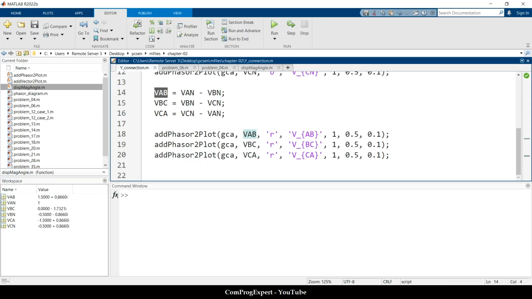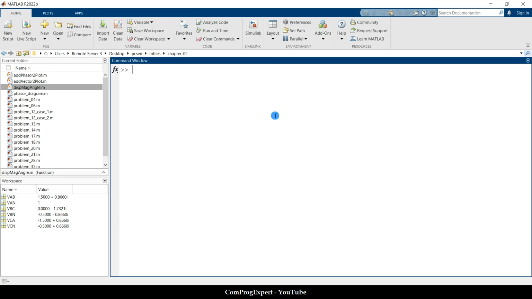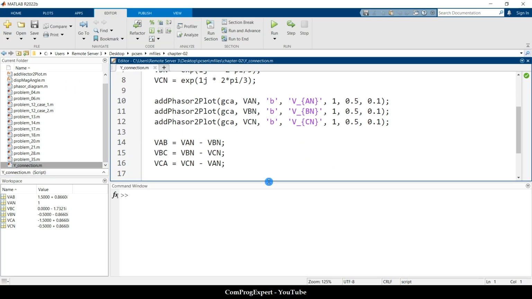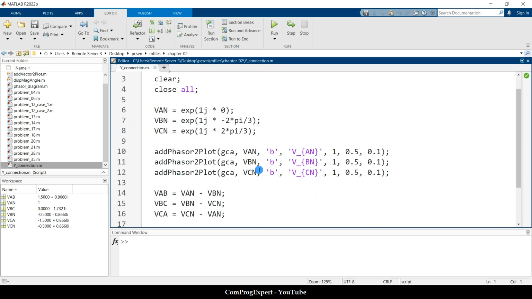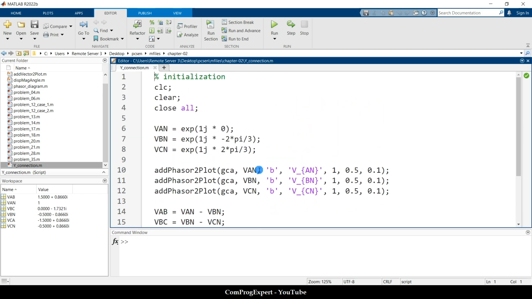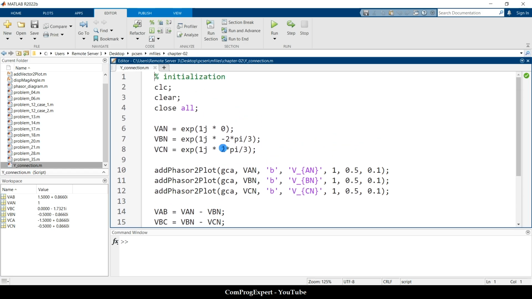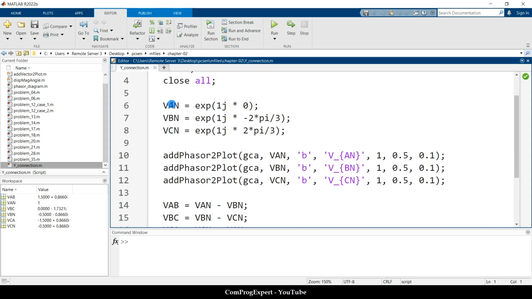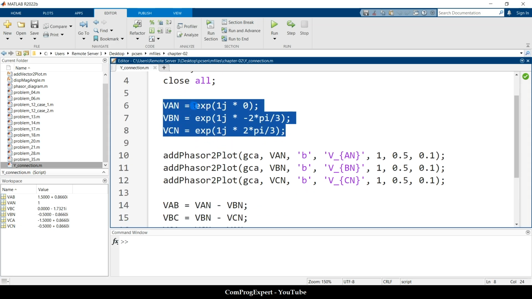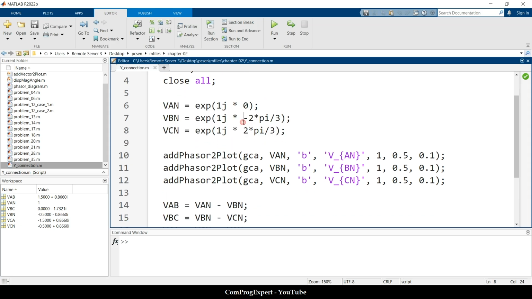Here I wrote this M file just to visualize the phase shift that we have between phase voltage and line-to-line voltage for a star connection. So here I have these three complex numbers. Amplitudes are the same, and this is VAN, the angle is 0.